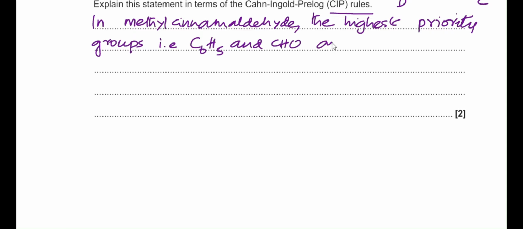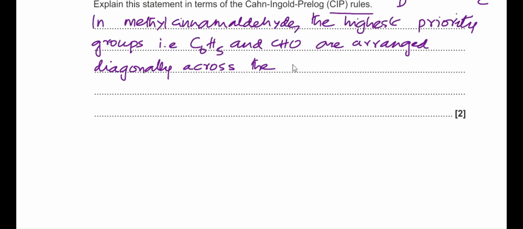In methyl cinnamaldehyde, the highest priority groups, i.e. C6H5 and CHO, are arranged diagonally across the carbon double bond.